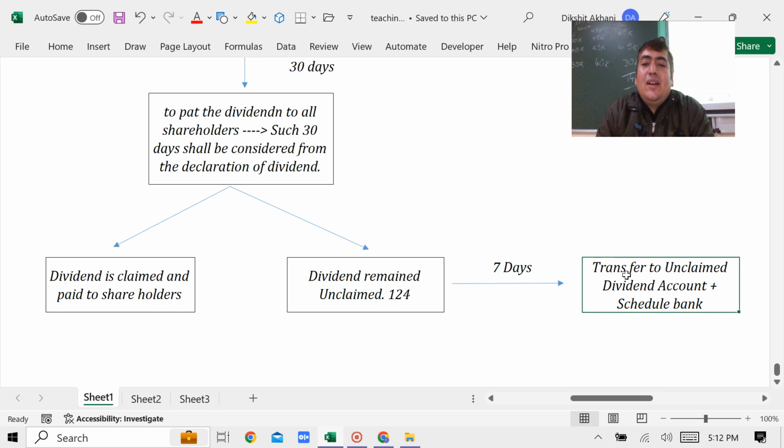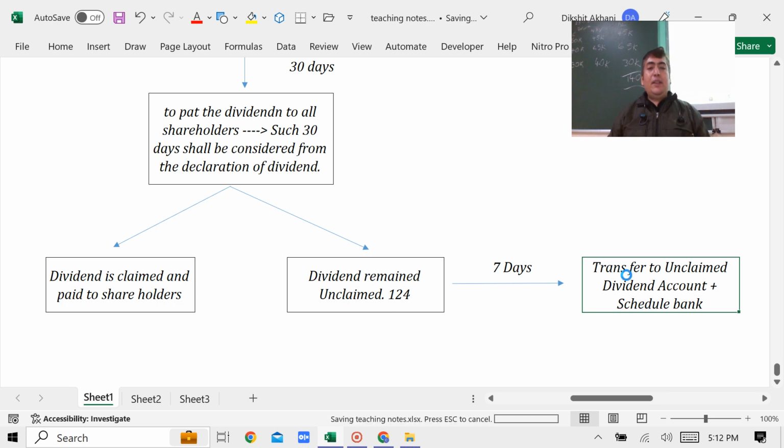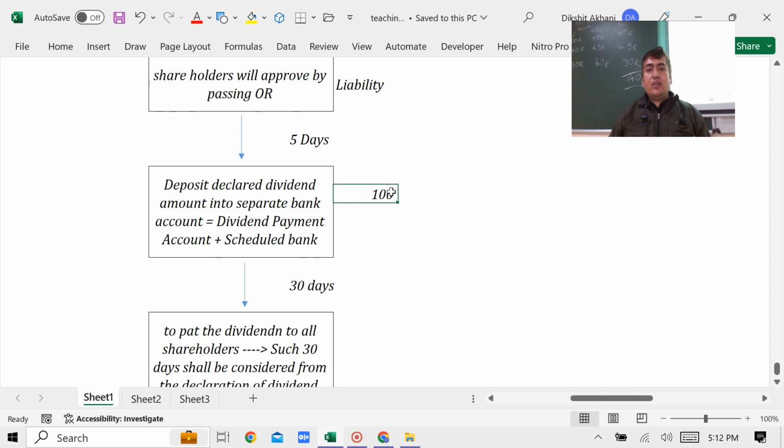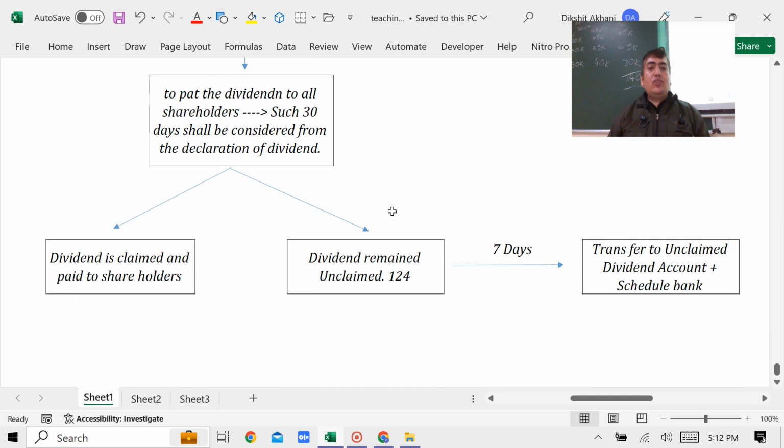Okay, my simple question to you is, assume that the company has declared, according to my calculation, 100 crore as dividend. Out of 100, 90 is claimed and 10 couldn't be claimed. So my first question is, can the company utilize this 10 crore for the company's purpose? The company needs 10 crore rupees working capital.